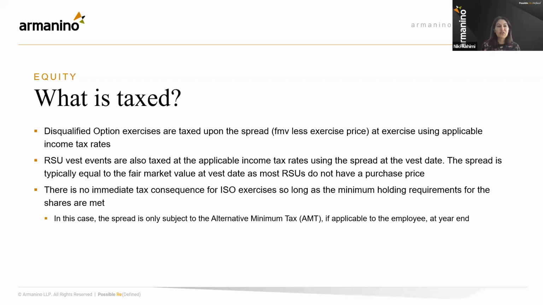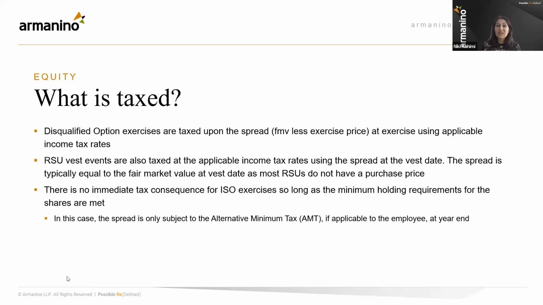Similarly, income tax rates for your RSU vest events. Usually the RSUs don't have a purchase price like an option, but if they do, then it would be your spread on that date of vest or on the deferral date of release. And that's typically, again, your fair market value less any cost.